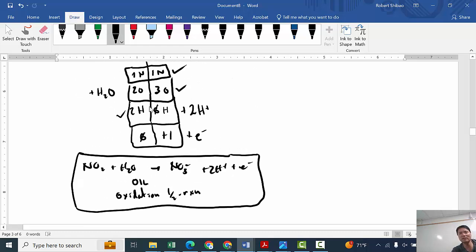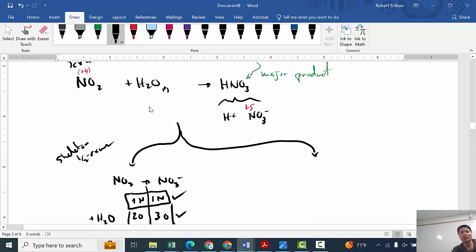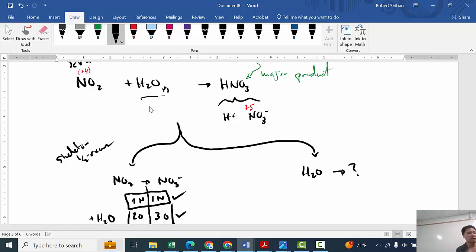And so what else do we have present in this mixture? It looks like I have H2O present in this mixture. And so maybe it's the H2O. H2O goes to question mark, because we don't know what it is. But we don't have to worry. When we have hydrogen and oxygen, they balance themselves in the skeleton redox method. So let's see how it would balance here. Oxygen would be balanced first.